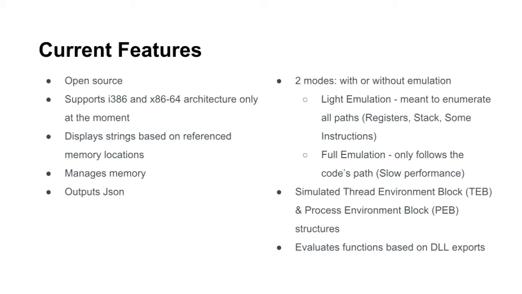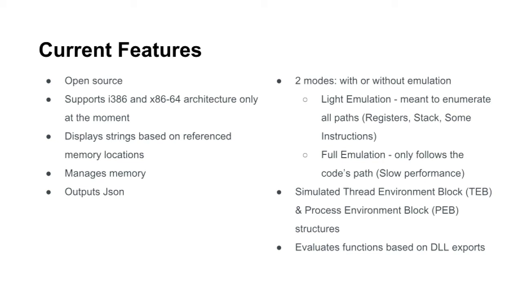So there's two modes. There's light emulation, where it will go through and use a stack to push all the arguments onto the stack when you jump into a function, as well as full emulation, which I don't recommend because I'll need to make it faster. But it works like, say, you're doing packing or you're doing the PEB loading, which I'll explain again. It's pretty slow, but if you're working with a small program, it'll work.